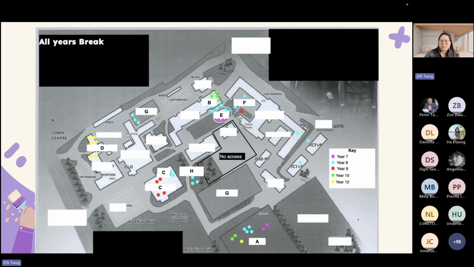I basically wanted to count how many students were at which locations, like content analysis, to get an idea of where they are during break and lunch. So I did that for breaks, and you can see with the different colors the different year groups that occupy different spaces.